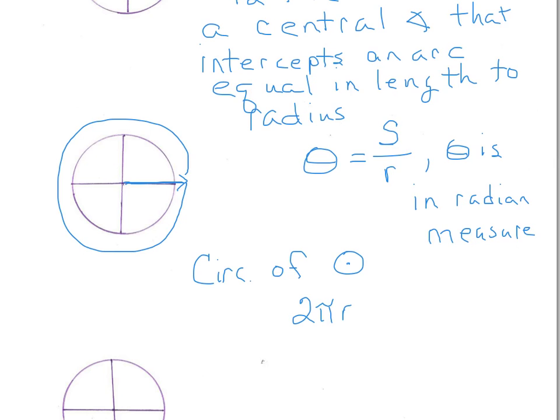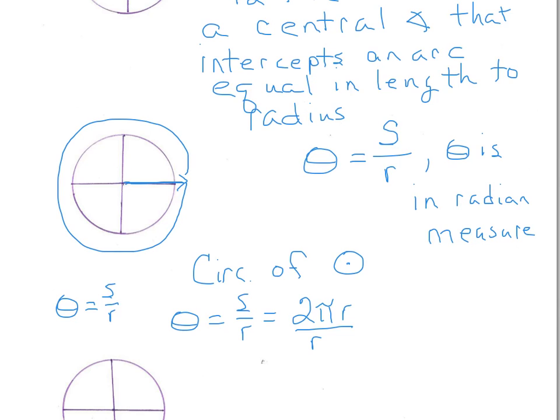Okay, so if we know that theta is equal to S over R, could we say that theta, which is S over R, is equal to, what was the intercepted arc on that complete rotation? 2 pi r. So the intercepted arc is 2 pi r over the radius.